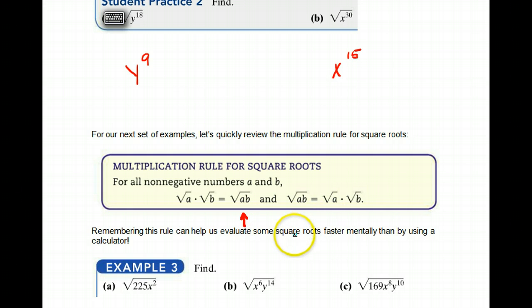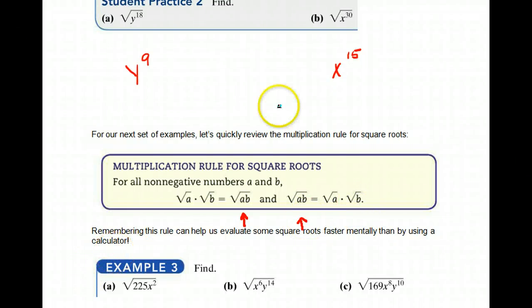If we look at the converse of that, if we have the radical a times b, we're permitted to split that up. That's very similar to what we did with our division of fractions under a radical when we had the fraction of 1/4 underneath the radical and we split it into a numerator and a denominator. This is very similar to that, okay?